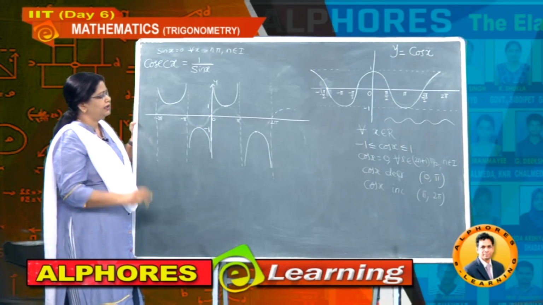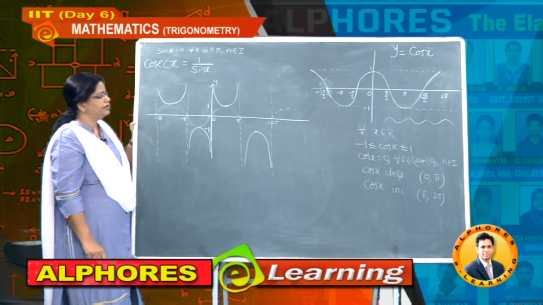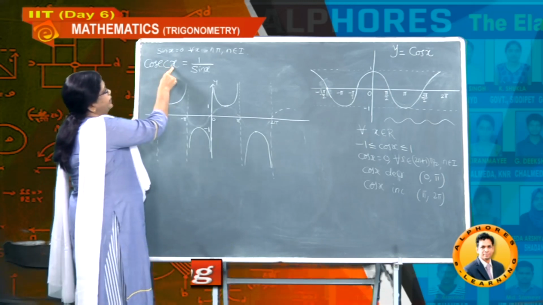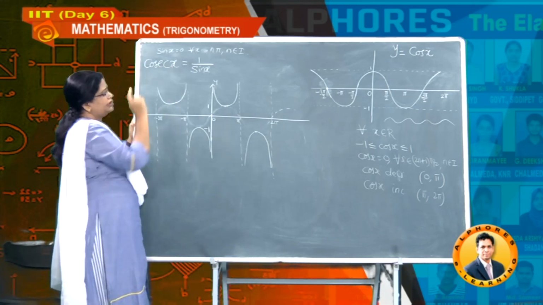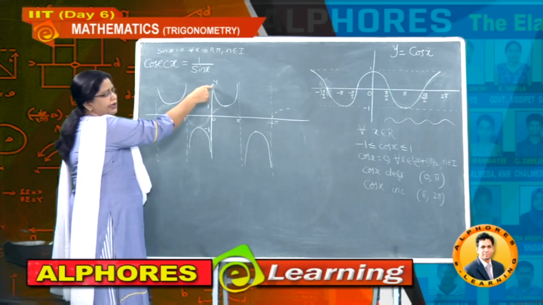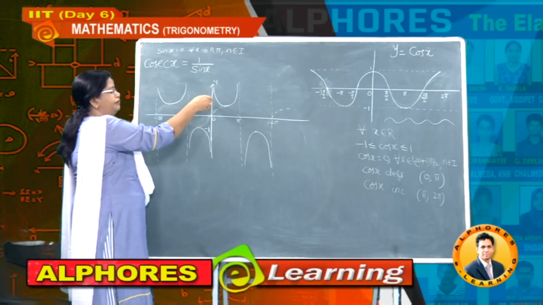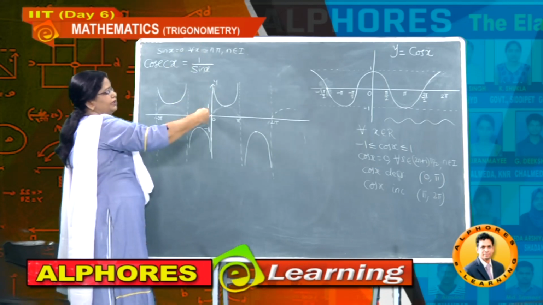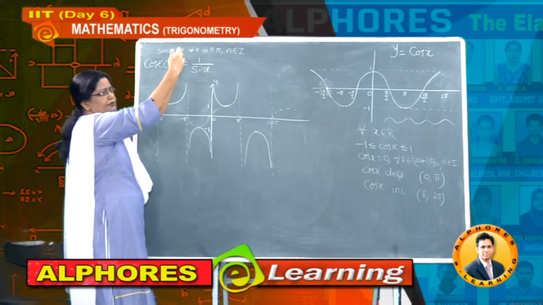Now let us check what our observations are. First of all, when x is tending to 0, what about the cosecant x value? It is undefined. And how is it undefined? Towards the positive side of y values, tending toward plus infinity.